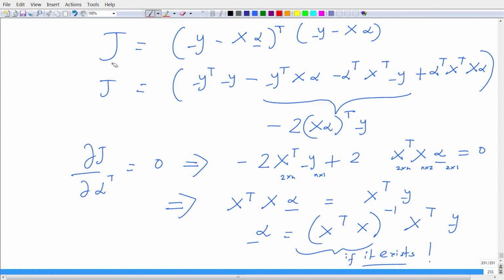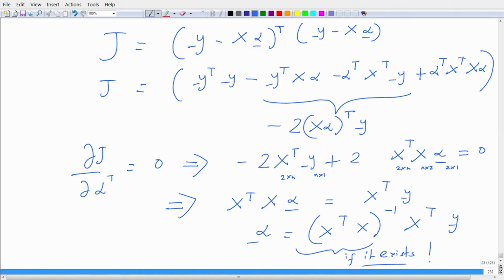This cost J is basically (y minus matrix X times vector alpha) the whole transposed times (y minus X times alpha). Alpha is a vector, so we were missing this underscore. Now I simplify this quantity. This is y transposed y, because (A minus B) whole transpose is A transpose minus B transpose. So, I use this algebra.